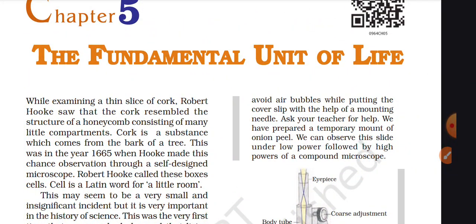Take care to avoid air bubbles while putting the cover slip. With the help of a mounting needle, ask your teacher for help. We have prepared a temporary mount of onion peel. We can observe this slide under low power followed by high power of a compound microscope.